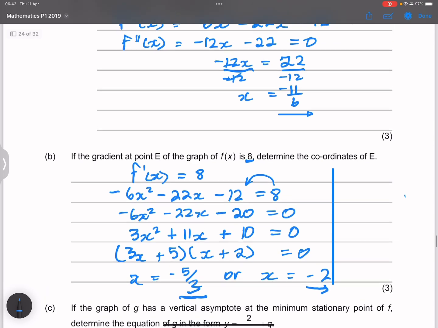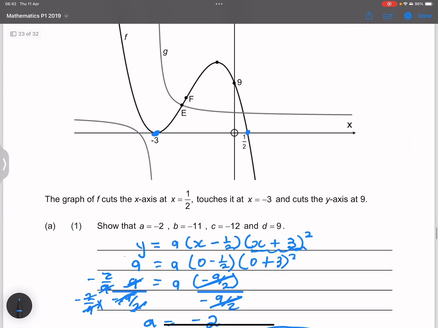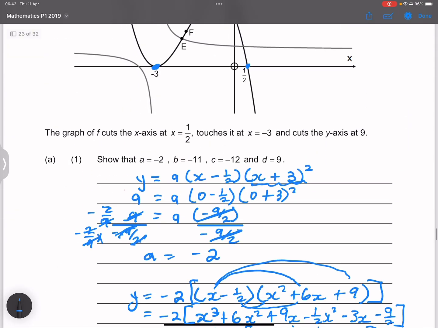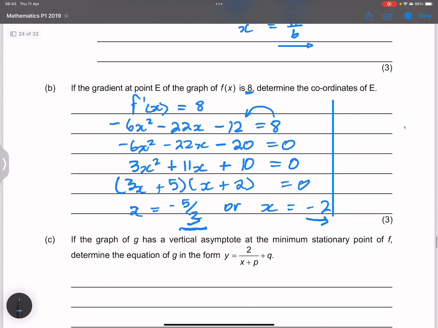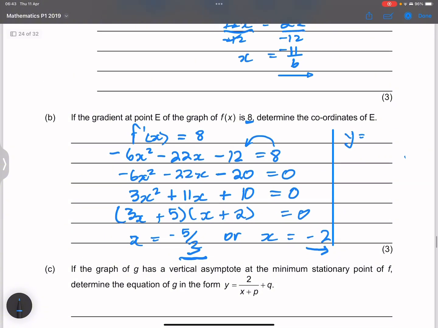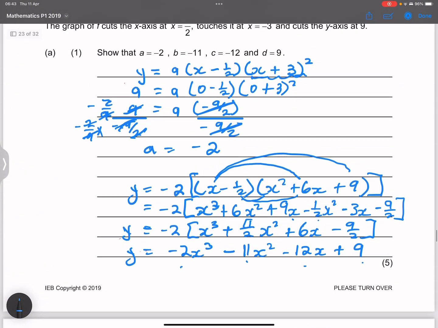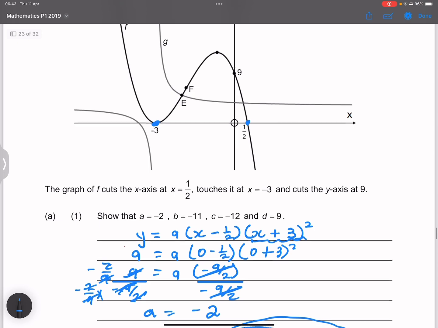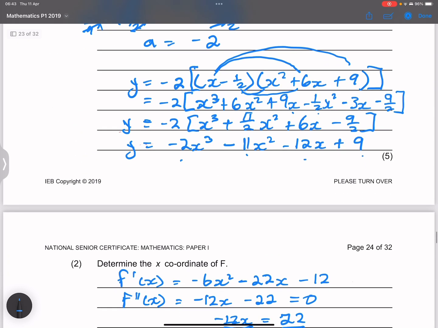It's on the left hand side of that, right? So in this case, what is our corresponding y value? So we're going to substitute negative 2 into the original equation. Okay, so let's do that. I'm going to go back to the original equation, right? Please help me out with that.